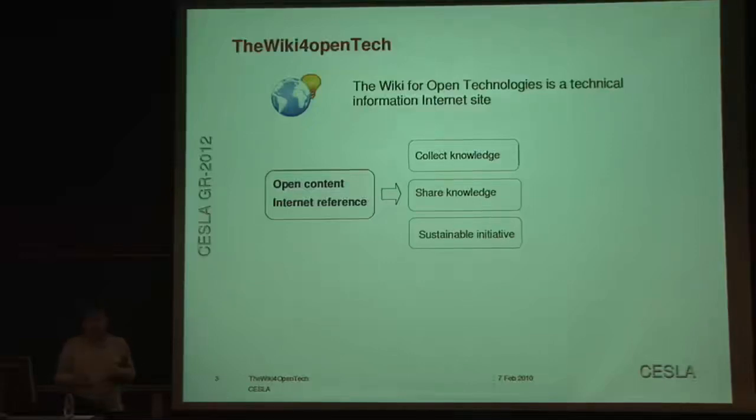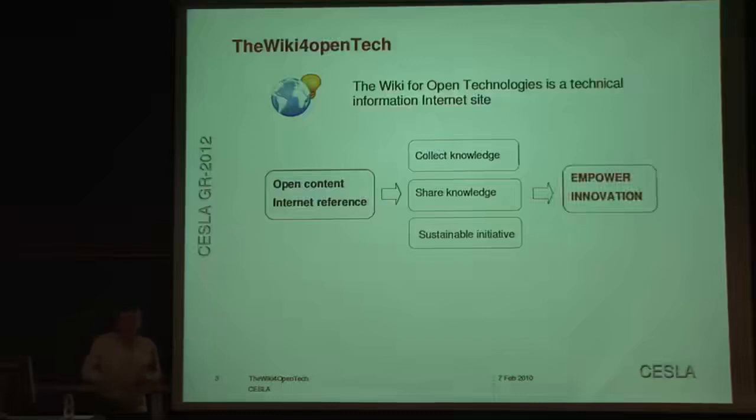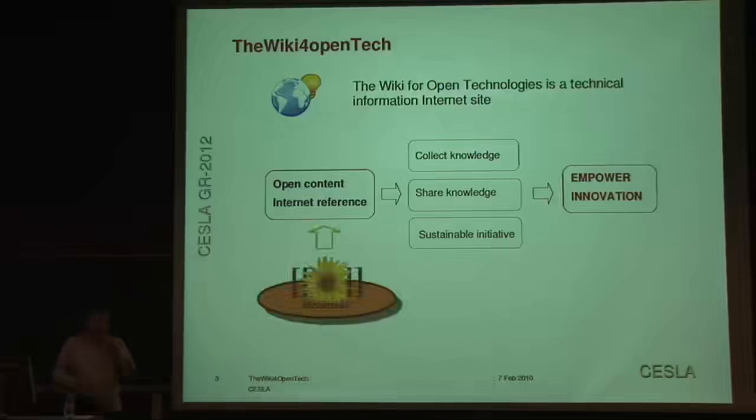In this way, your contents will be available in the wiki for the foreseeable time. And our main goal is to empower innovation. We think that we need innovation in the community, and we try to collect the projects and the knowledge to push the innovation for the community.